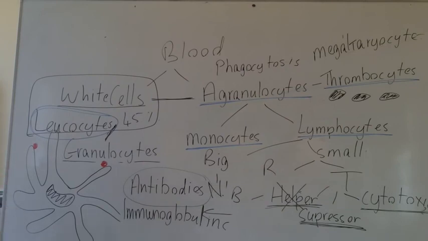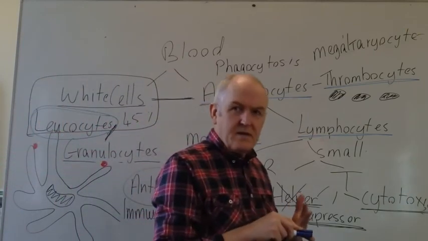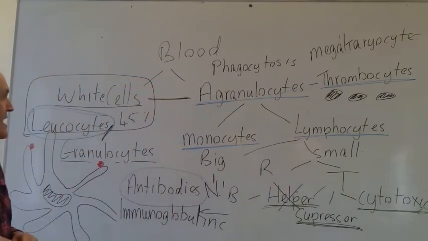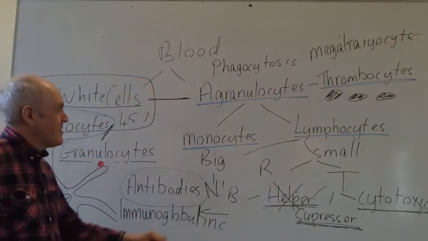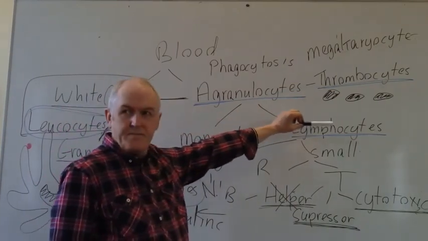So the granulocytic leukocytes are the neutrophils, eosinophils, basophils. The agranulocytic leukocytes are the thrombocytes, monocytes and lymphocytes.